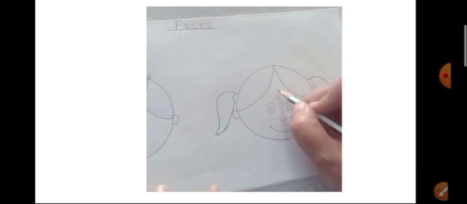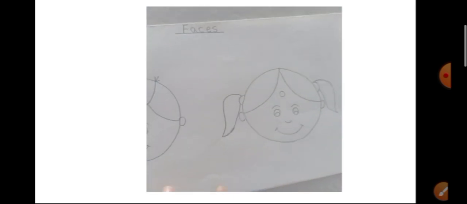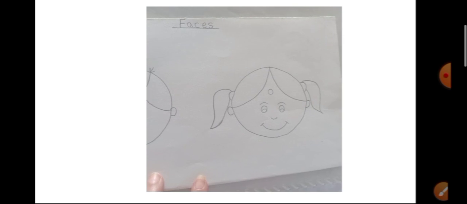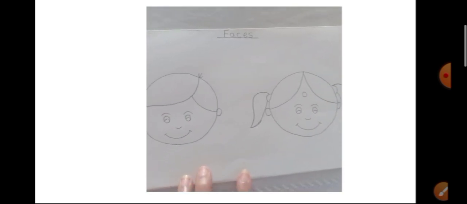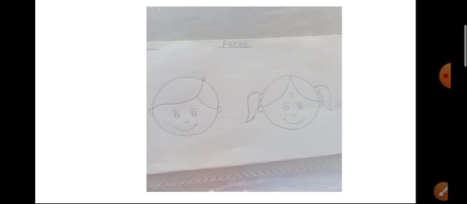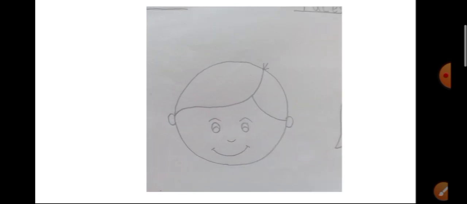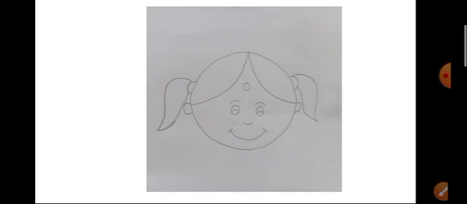If you want, you can draw one bindi here like this. Wow! Isn't it a nice and easy picture, children? All of you understood how to draw boy's face? See here? Yes? And then girl's face.